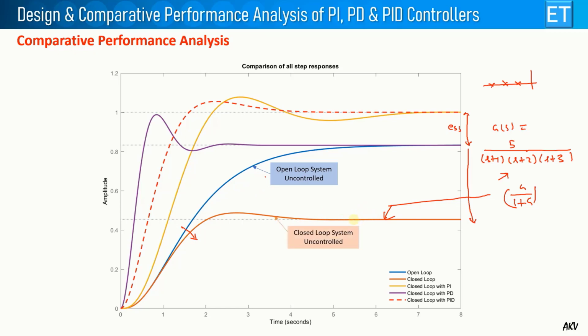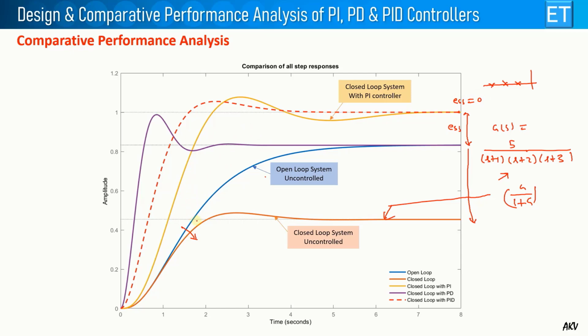So how can we improve its response? When we apply the PI controller, you can see that this orange one is the step response with the PI controller. The ESS becomes 0 because the response has reached 1.